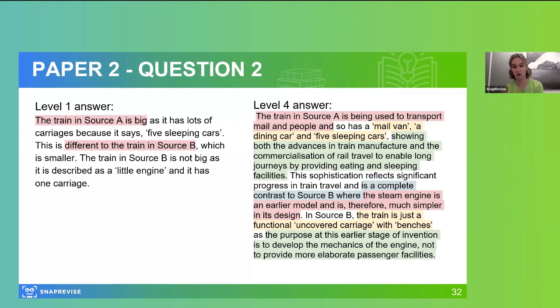It's literally just for the purpose of it being a much earlier invention. It's looking at developing the mechanics of the engine. It doesn't need to be a passenger train yet. So yeah, hopefully this will show you how you can use PEA to get a really in-depth level 4 answer.